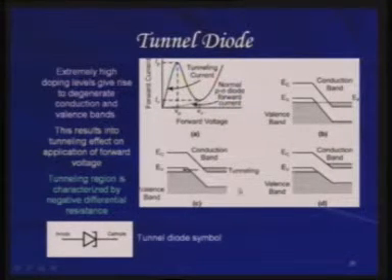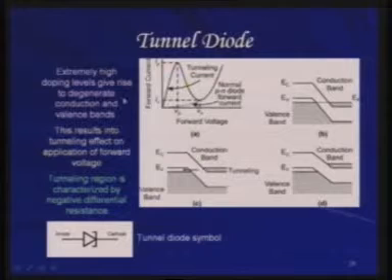However, when you apply potential to this kind of diode, here there are electrons in the valence band and Fermi level, and there is a void on the other side. When these two align because of the potential, you get a flow of current, and this is what is called tunneling.